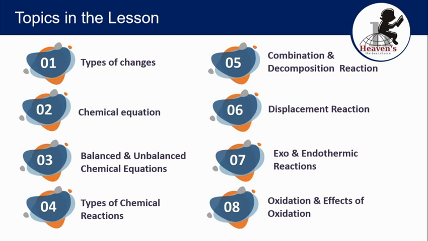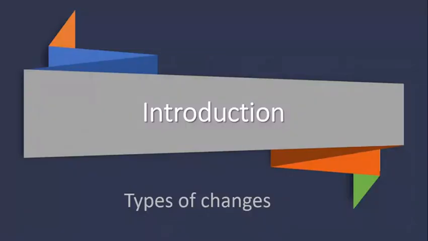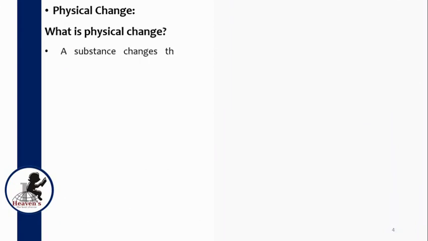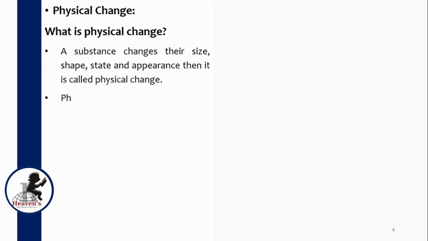Now, the first topic, types of changes. So, introduction. First, there are two types of changes. One is physical change, another one is chemical change. What is meant by physical change? A substance changes its size, shape, state and appearance, then it is called a physical change.